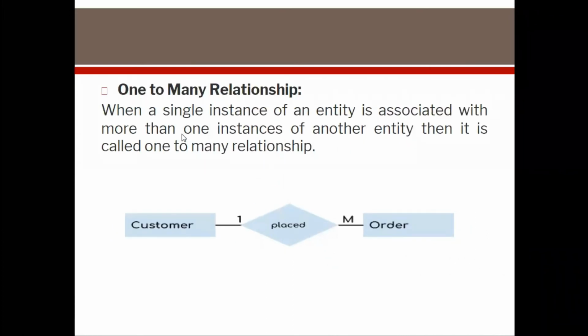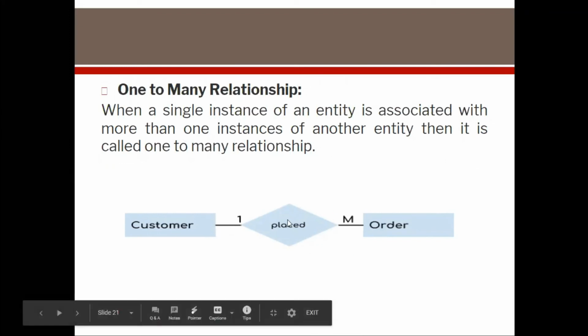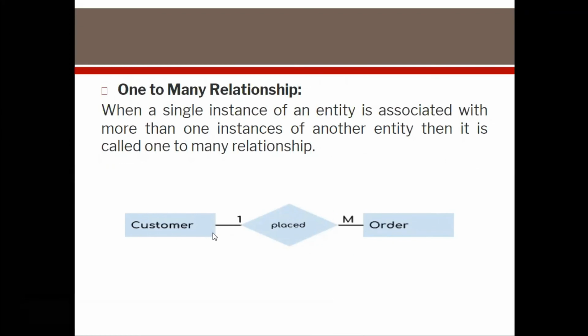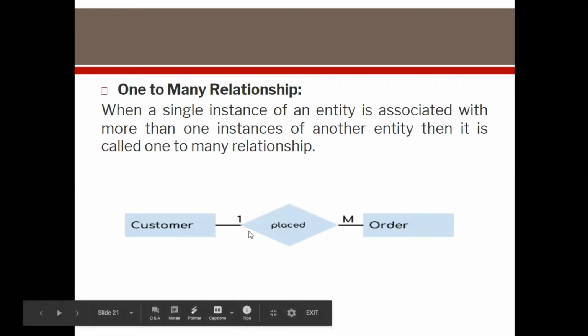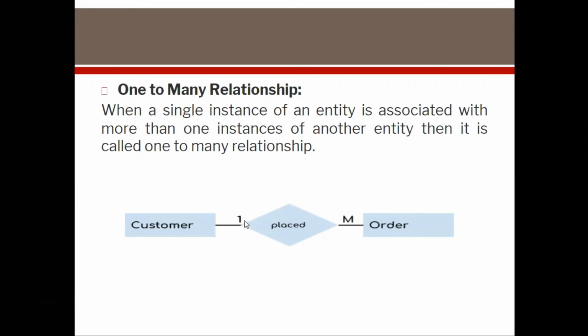Moving on to the one to many relationship. One to many relationship basically means, okay, if you see this example, customer places order. ठीक है, तो एक कस्टमर कैन प्लेस मल्टीपल ऑर्डर्स. If you have one customer, you can have multiple orders for that particular customer. That's why you denote this as one for customer and multiple with M. So you can use different symbol kits.